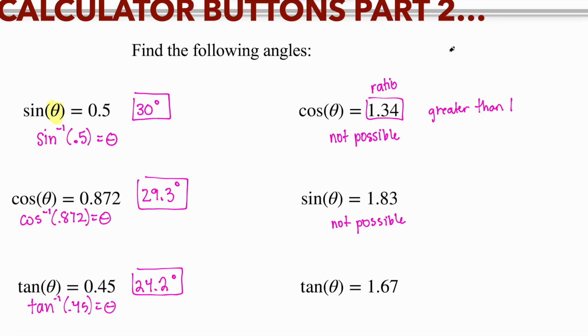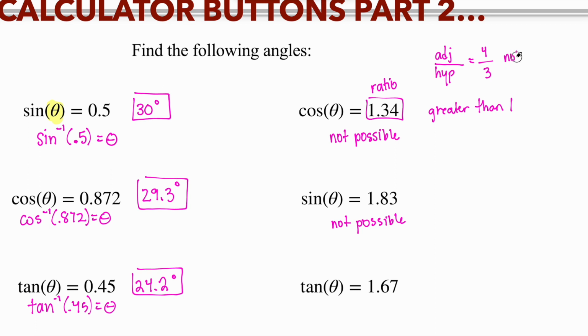And the reason is, cosine is adjacent over hypotenuse. So to have a ratio of a number that's bigger than 1, that means the adjacent side had to be bigger than the hypotenuse, and that is not possible.